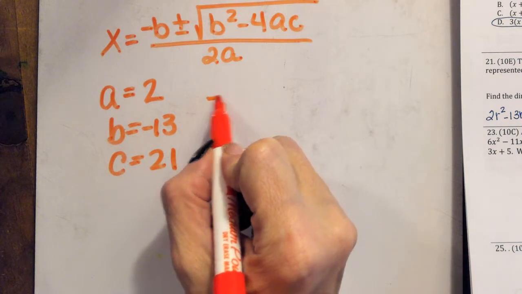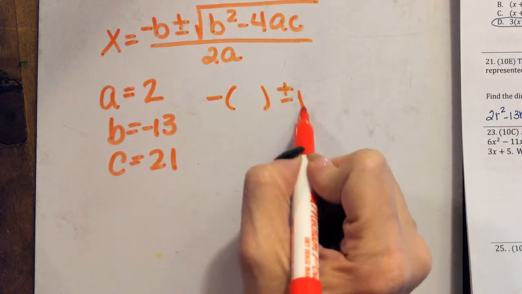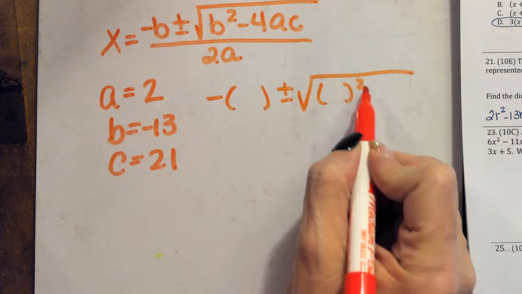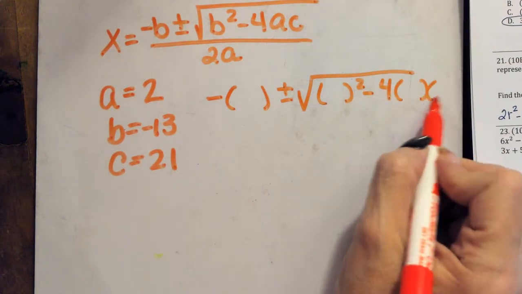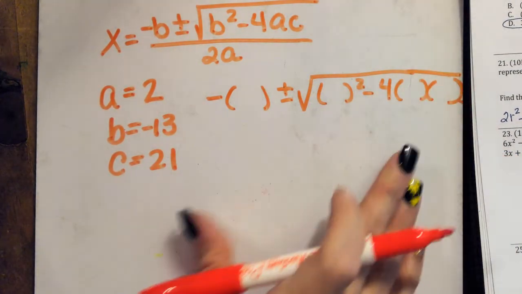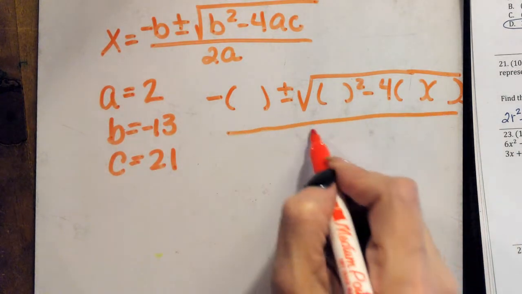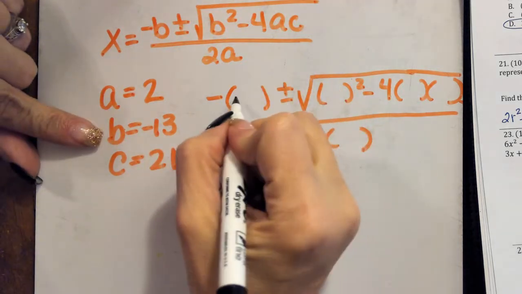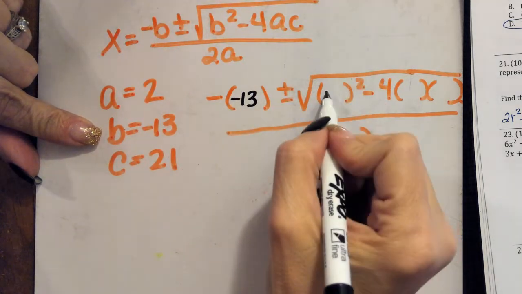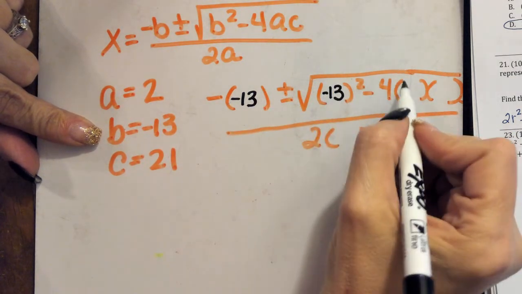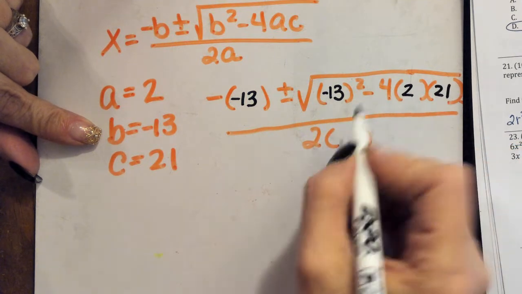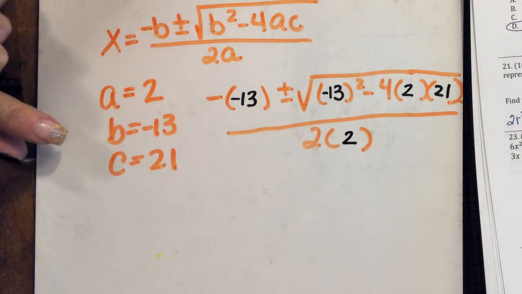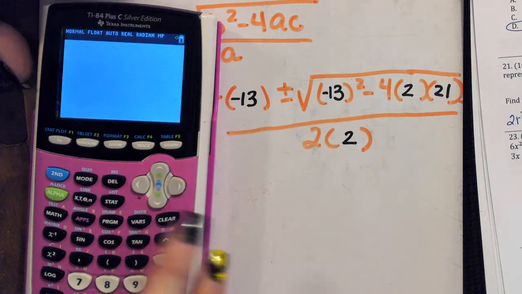All right, so let's plug these in. Negative b, so I'm going to plug in negative 13, 2, 21, and 2.